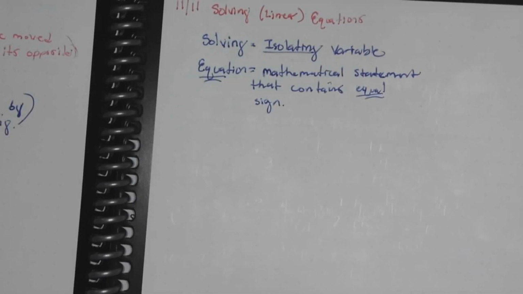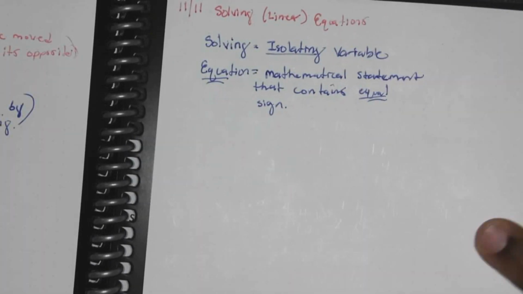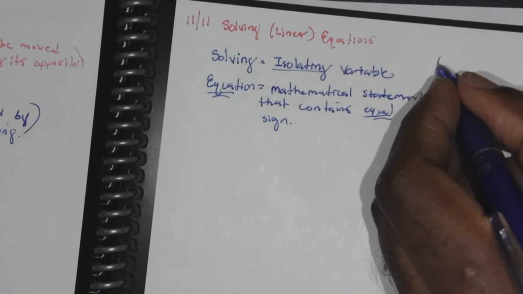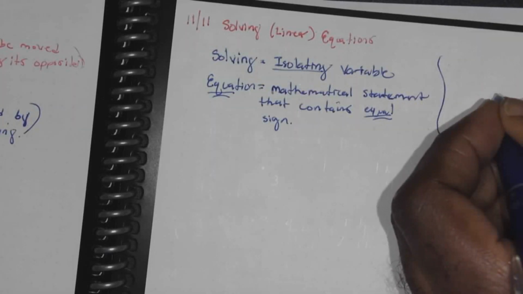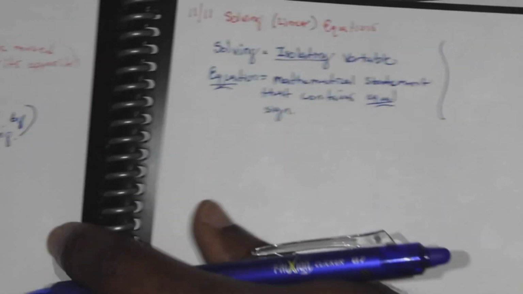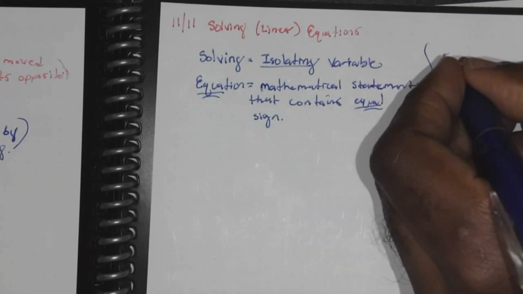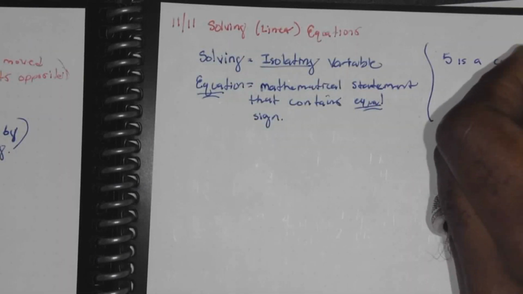All right. But before we go there, there are some definitions we need to make sure we remember. Now, some types of terms. The first type of term that we came across is a constant term. Somebody give me an example of a constant term. There you go. I like that. 5 is a constant term.